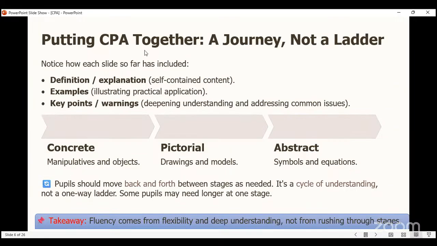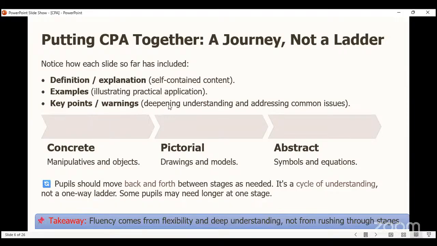Now, putting CPA together: a journey, not a ladder. The definition and explanation is self-contained content. Examples illustrating practical application.